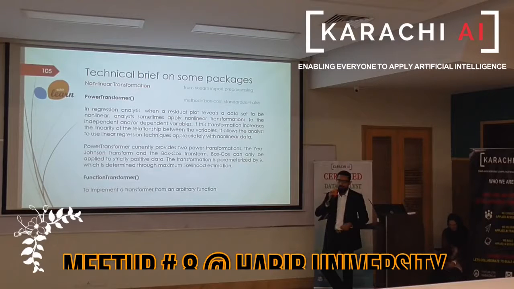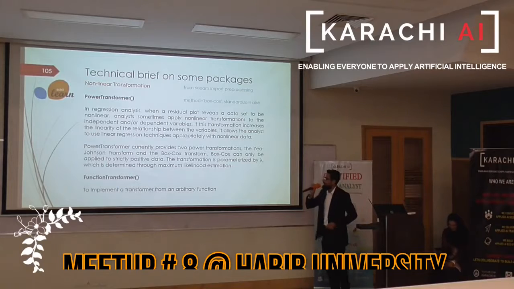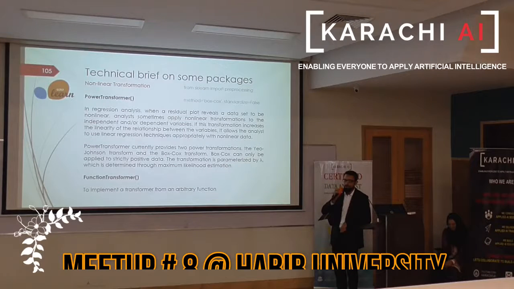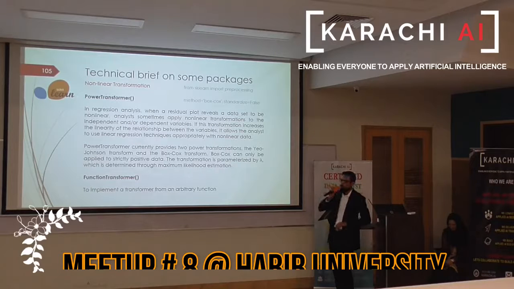For that, you can't use linear regression because the relationship has to be linear. So what you can do is transform that data using a power transform. What it does is convert that nonlinear data into as linear as it can. And the thing it uses is a lambda parameter. Lambda is decided using maximum likelihood estimation.